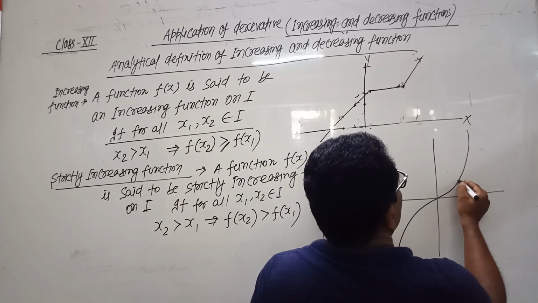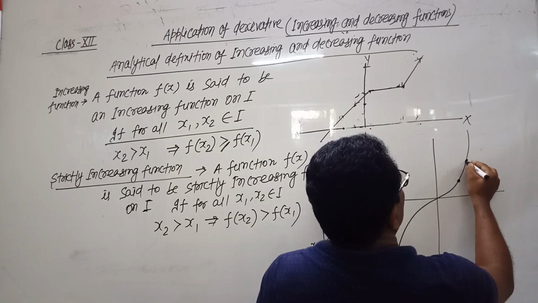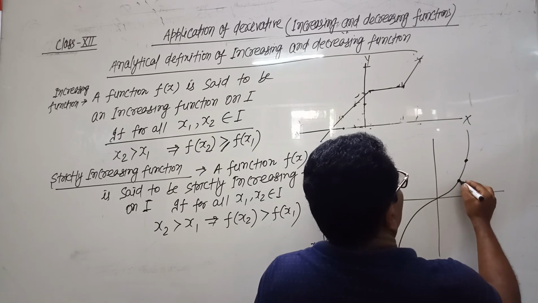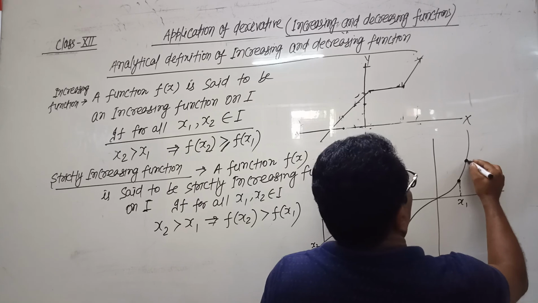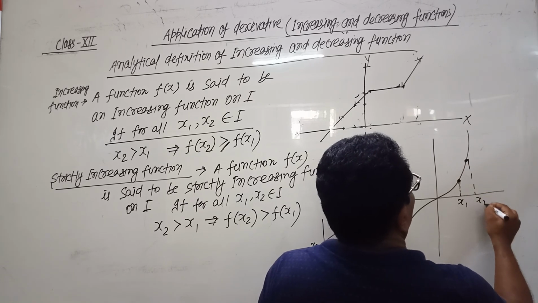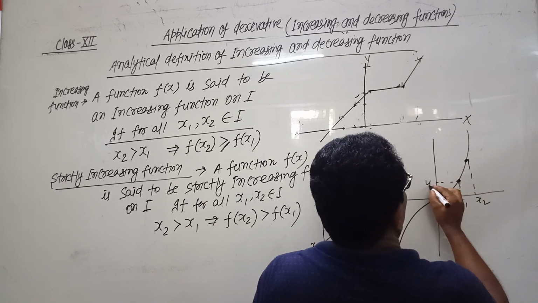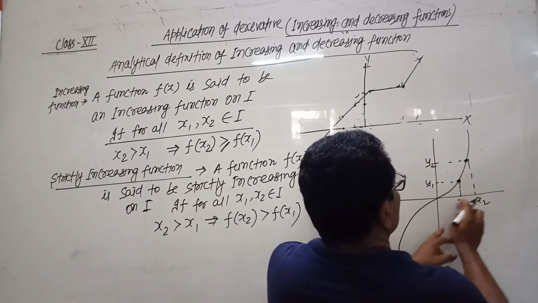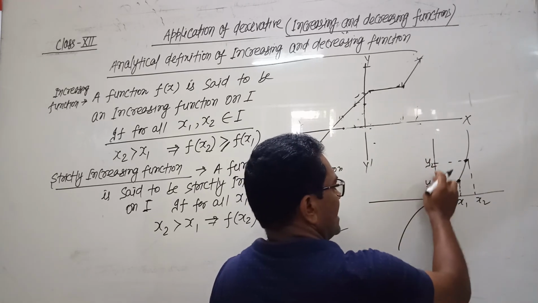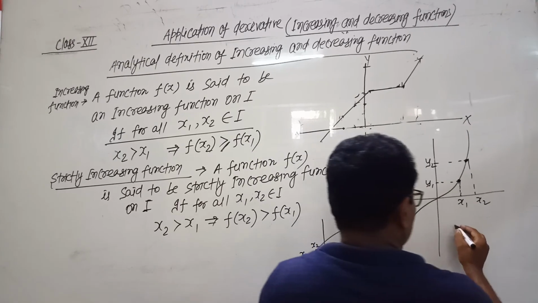Anywhere you can take 2 points. Let us take 2 points x1 and x2, a and b. So the value of x1, the value of x2, the value of y1, and the value of y2. So if x2 is greater than x1, then y2 is again greater than y1.